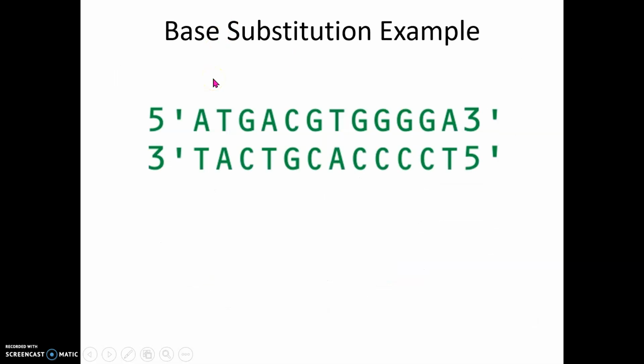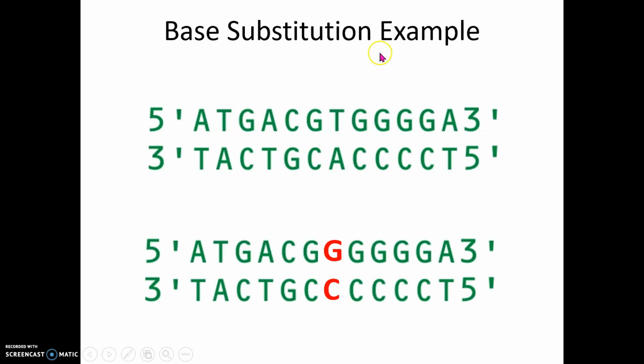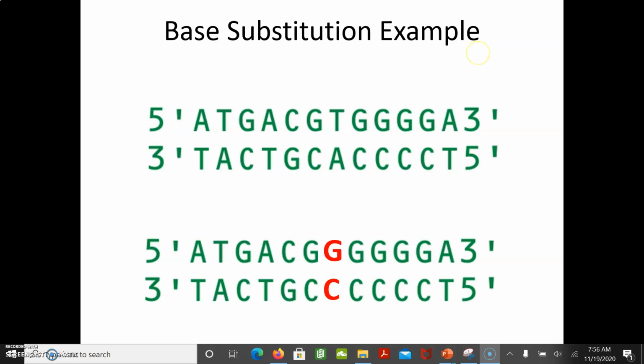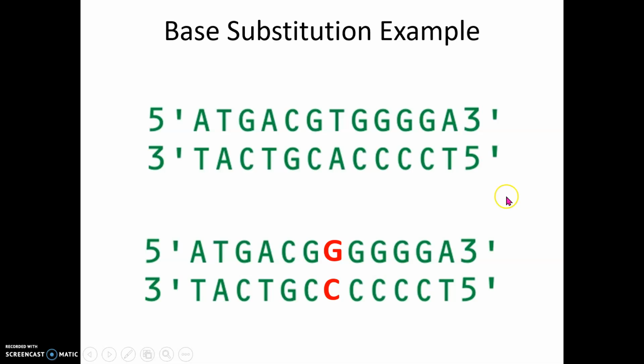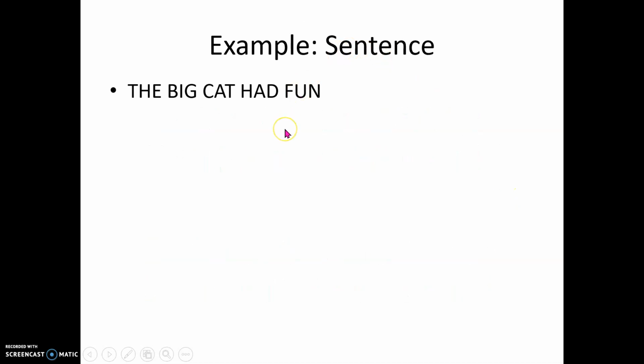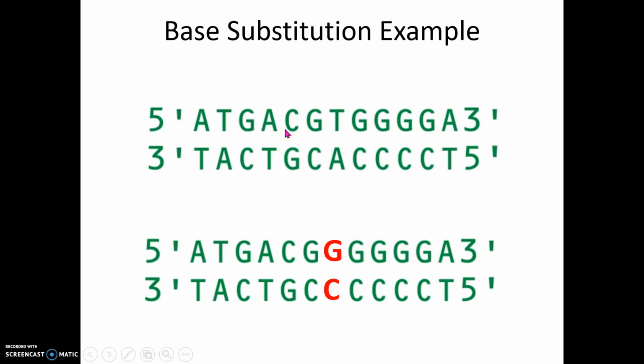So if I give you a sequence, you should be able to introduce a base substitution, right? So for example, if this T became a G, now we have a base substitution. Which flavor? Is it a transition or a transversion? Okay, so your answer should be this is a transversion because we went from a T to a G. So if it helps for you to make a DNA sequence, make a DNA sequence.